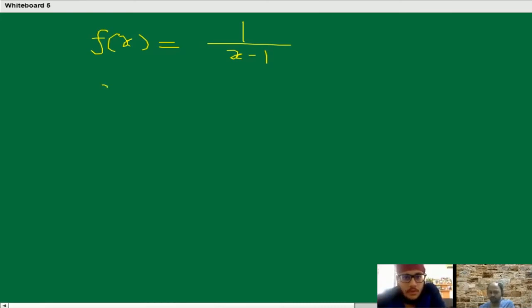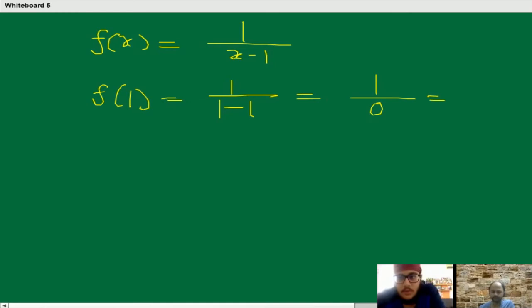So if we substitute x equals 1, what will you get? 1 over 1 minus 1. 1 minus 1 means 0. 1 over 0 equals? It's undefined. You can't divide any number by 0. So this is undefined.